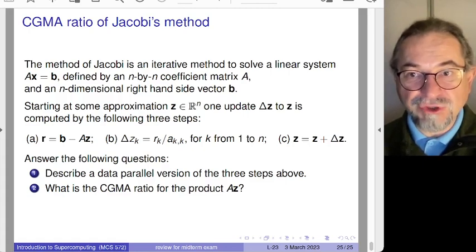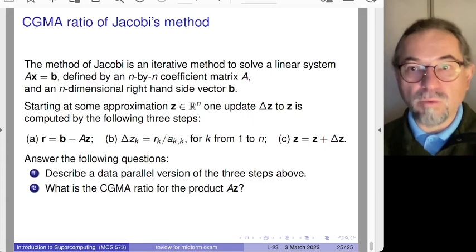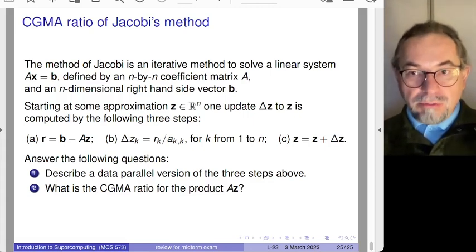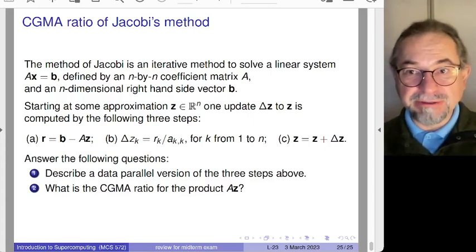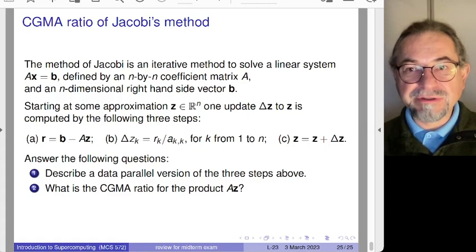So you have n square for the number of computations and n square plus 2n for the memory accesses. So if you have to do one inner product, one iteration, it can be quite expensive. However, the entire matrix would already reside in the global memory.